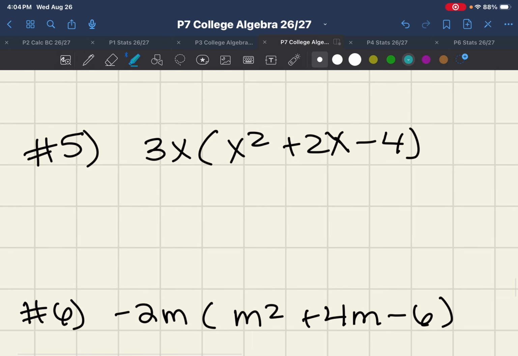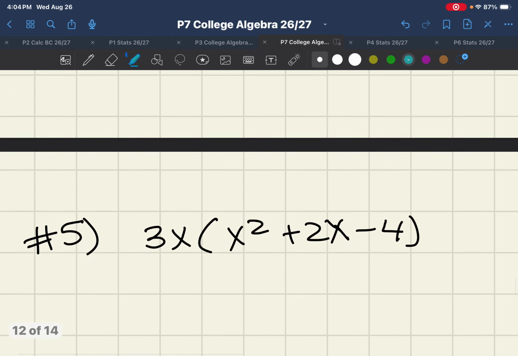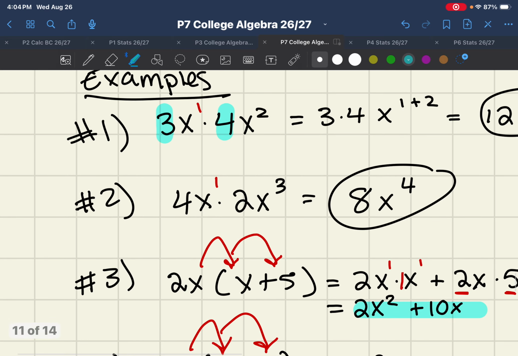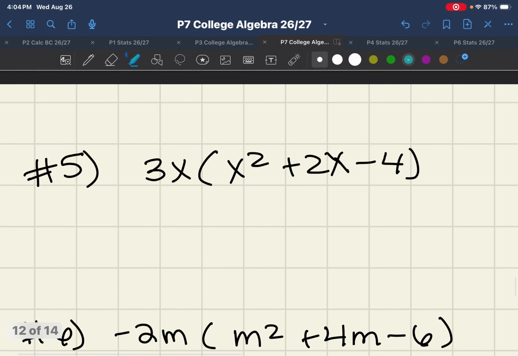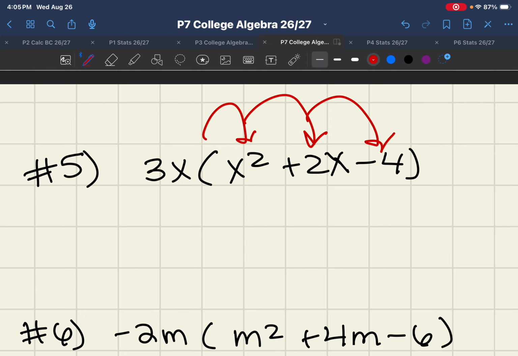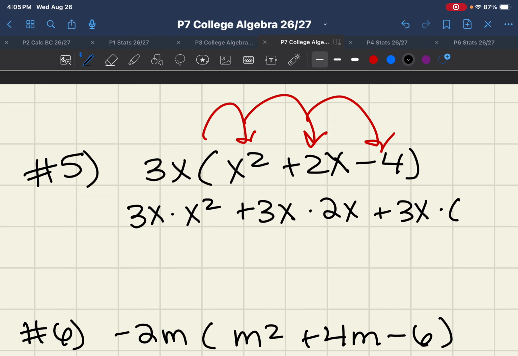Number 5, okay, notice how we just went from two terms being multiplied, a term times a binomial. Now this is a term times a trinomial. So we're still going to distribute the 3x inside. So this becomes 3x times x squared plus 3x times 2x plus 3x times negative 4.